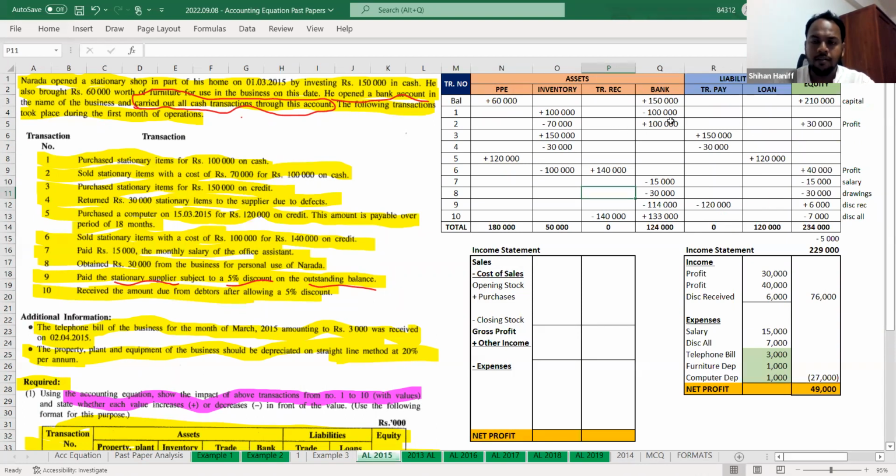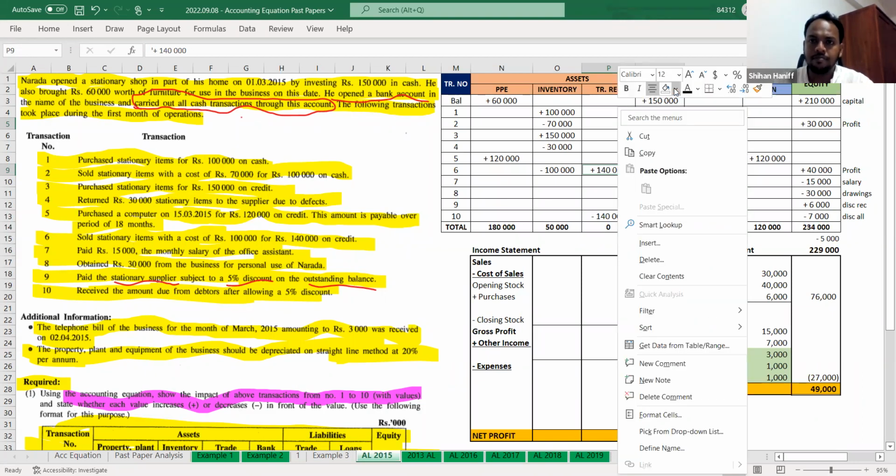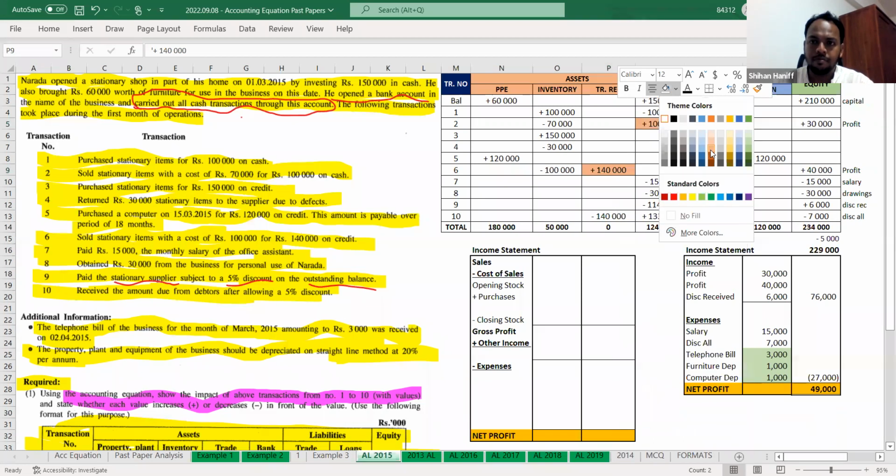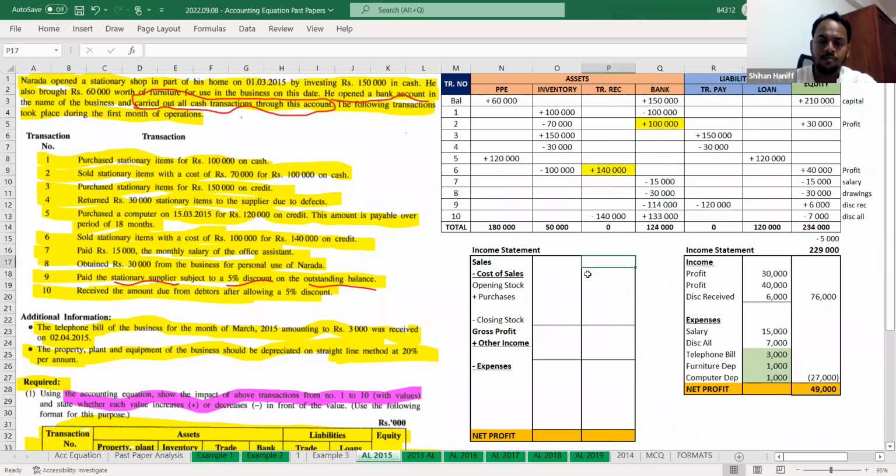So we have sales 100,000 and 140,000, cash sales and credit sales. Total sales 240,000.